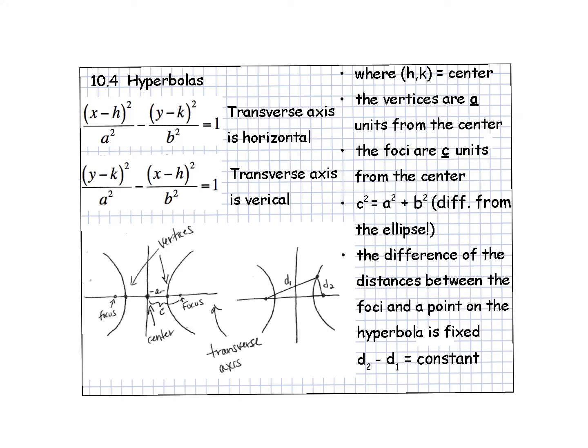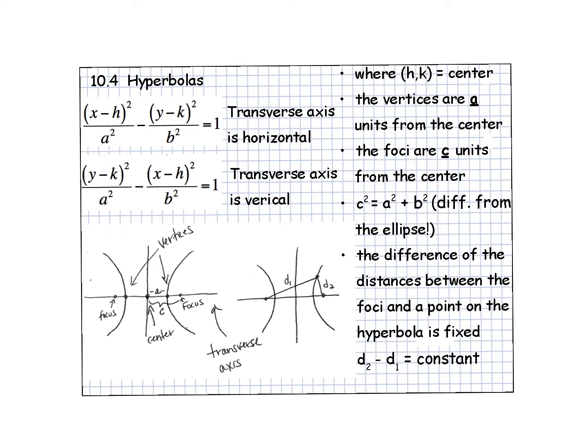All right, so 10.4, hyperbolas, very similar standard form formula to what we were just looking at on 10.3 with ellipses. Okay? An ellipse, the distance between your foci and any point was always the same. And now with a hyperbola, the difference of the distances between the foci and a point is a fixed constant, d2 minus d1.